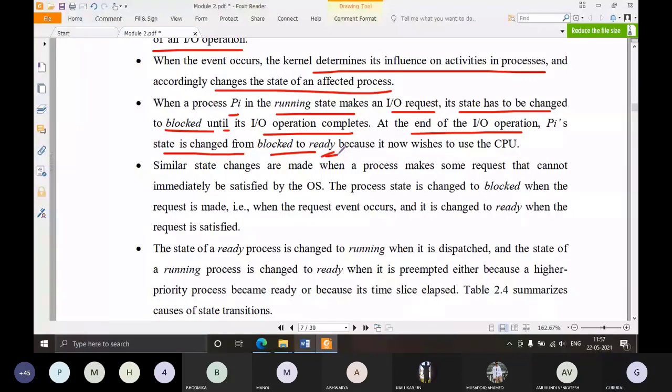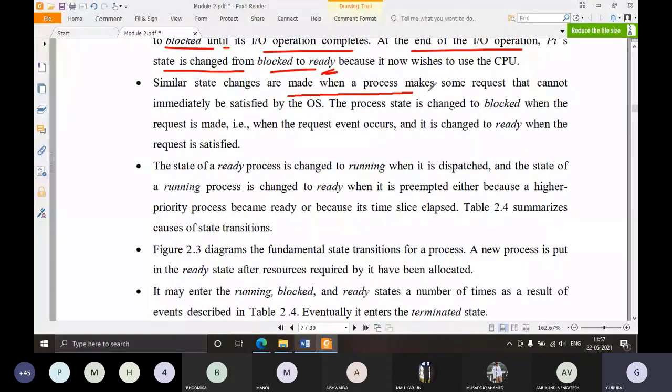Fine. Similarly, state changes are made when a process makes some request that cannot immediately be satisfied by the OS, like granting a memory of 10 MB or 20 MB. In such a condition also, the process state is changed to blocked. So either it has requested an event or it has requested a resource.